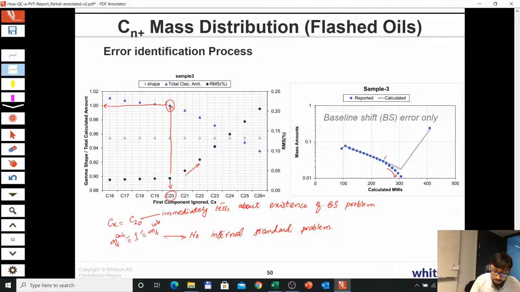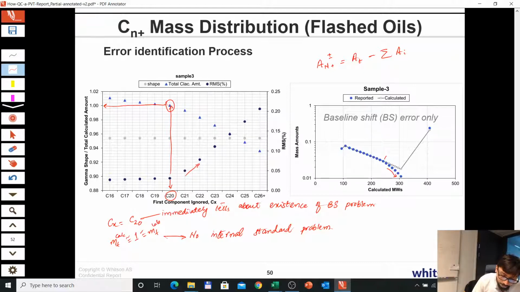Okay, and then you also have a mismatch in the heaviest fraction. But here the mismatch in the heaviest fraction is not because of the internal standard, but because of the baseline shift problem. And that's something we also discussed before. Again, we can just write down that the amount of the heaviest fraction is not just a function of the total mass or the total area, but also the mass of all the components.